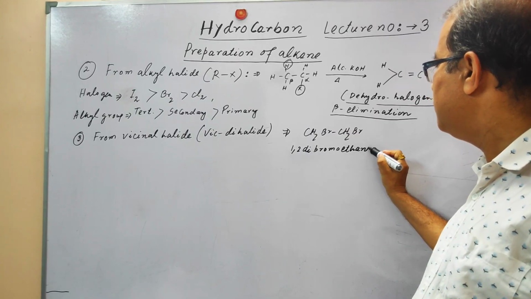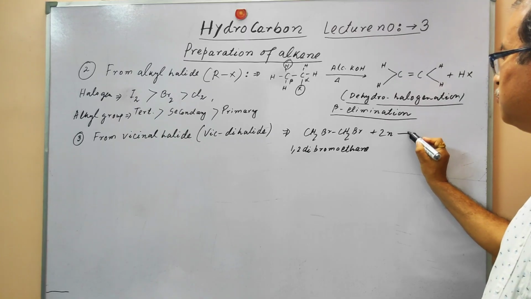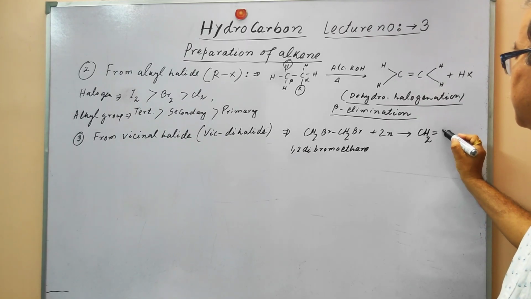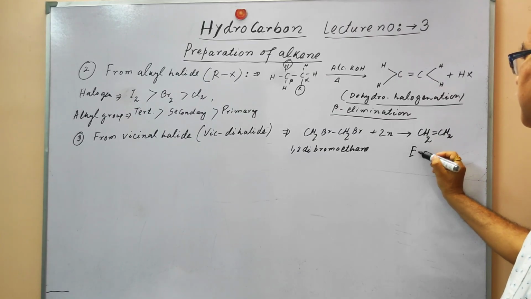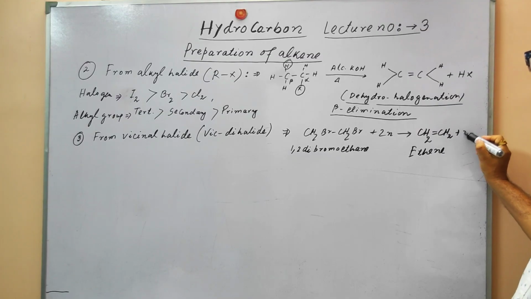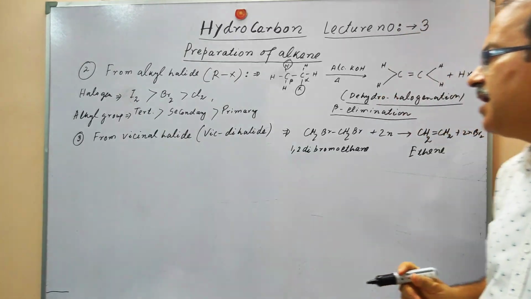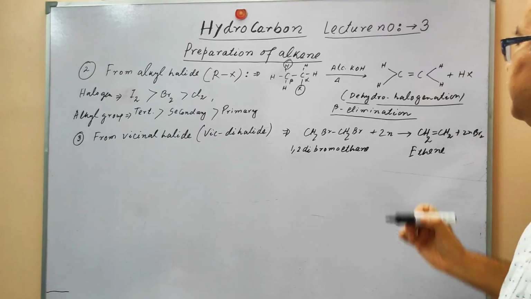When this 1,2-dibromoethane reacts with zinc, it is going to produce ethene with ZnBr2. Okay, from the vicinal halides we are also able to produce this alkene.